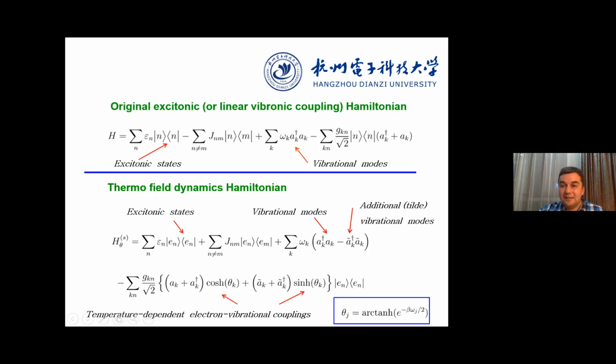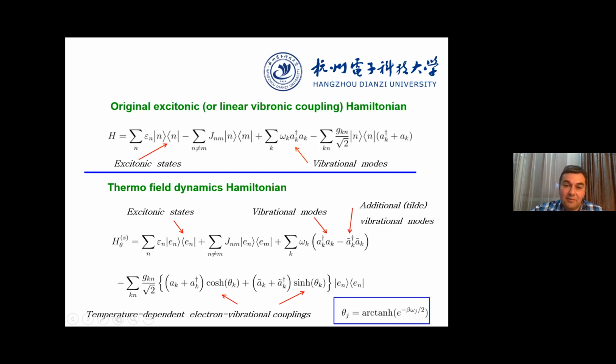And our additional tilde modes are also coupled to the electronic states, but the coupling is determined by this hyperbolic sine function. They are just determined through the vibrational frequencies of our modes. And you see that if temperature goes to 0, these will give 0 and disappear, and these will give us 1, and we come back to the original excitonic Hamiltonian.